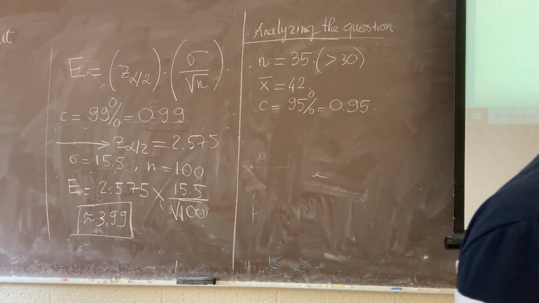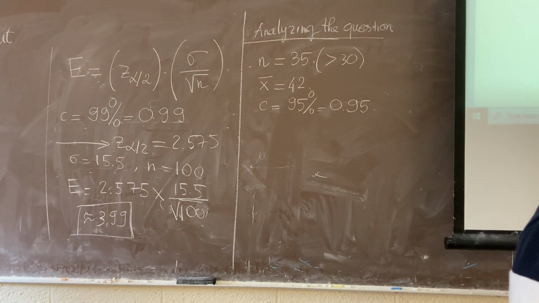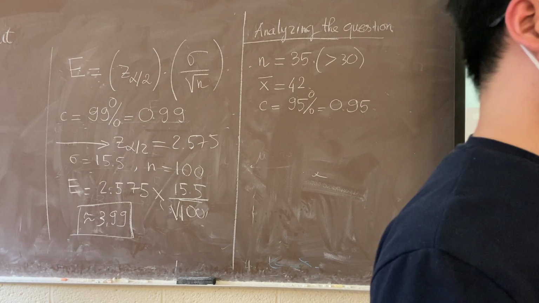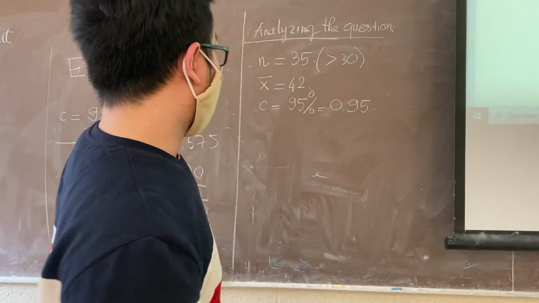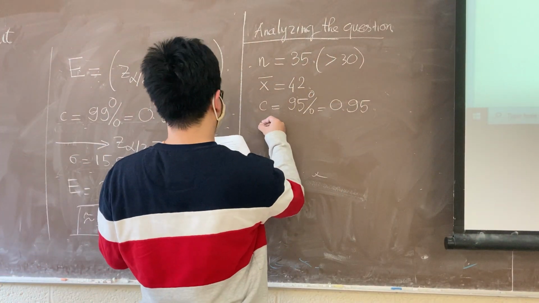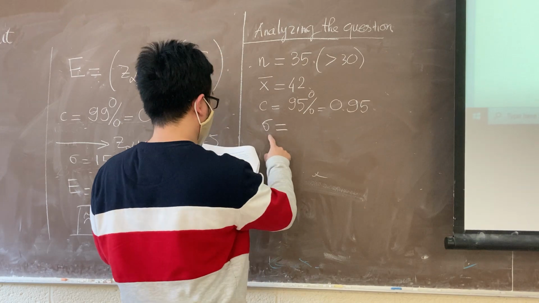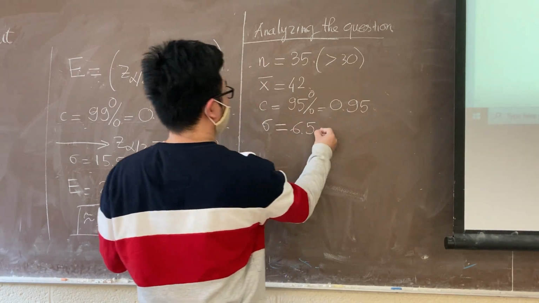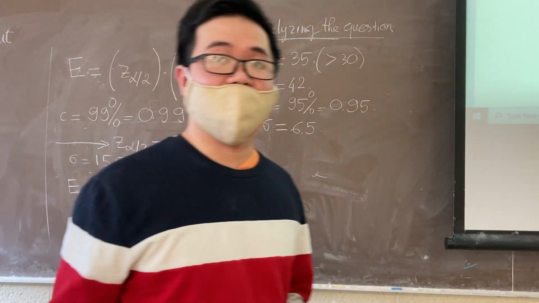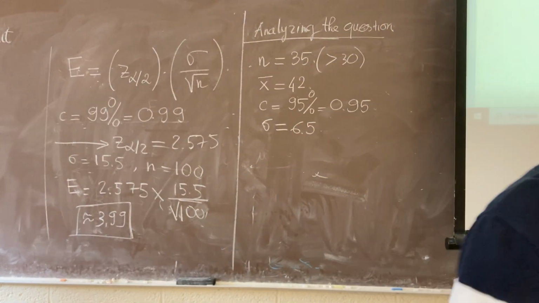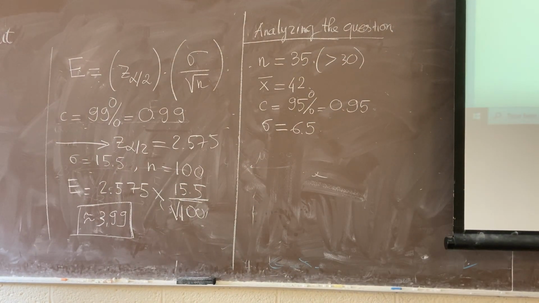And assume that the population standard deviation is known to be 6.5 calls per month. So sigma is 6.5. So that's all the information about the question. They give you all the assumptions like this.